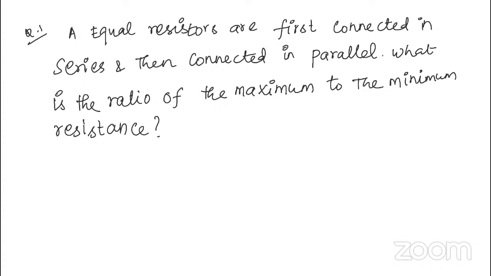So they have given one clue, that is the maximum and minimum. So when going in series, we add the resistance values, and when going in parallel, we also add the resistance values. Which value should be maximum? Series or parallel?